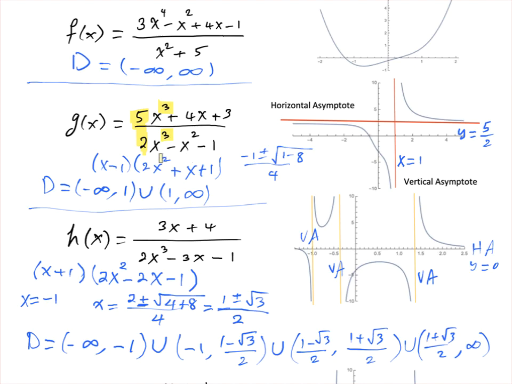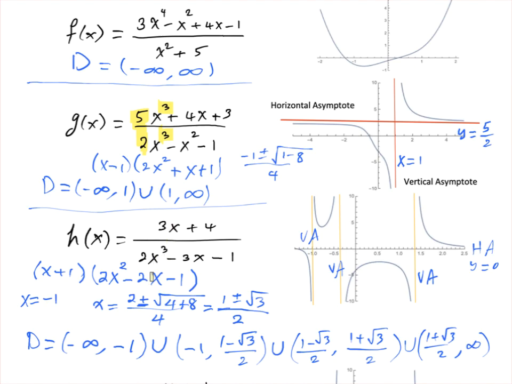Now imagine you have more zeros. This has 3 times the number of zeros in x. The other one has 2 times the number of zeros of x. And in the long run, this x cubed beats x squared and so on. So therefore, the ratio of the x cubed and x cubed terms decides what the horizontal asymptote would be. And that's why you get 5 halves.